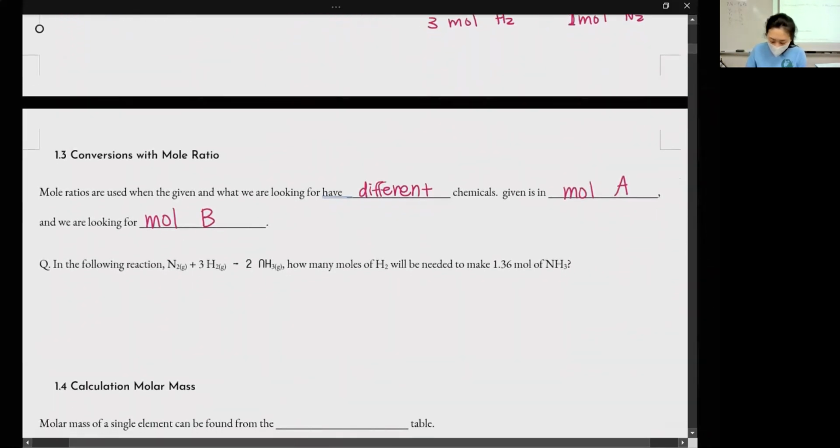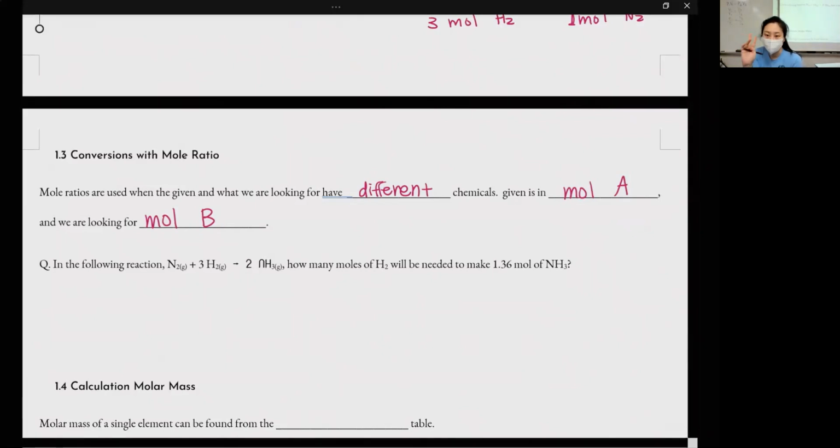Okay, so in the following reaction, N2 plus 3H2 equals 2 NH3. How many moles of H2 will be needed to make 1.36 mole of NH3? So how you use the mole ratio is you will set up a conversion factor, which is called the mole ratio, and then use it with the given. Whenever you see this question, what you want to do is write a mole ratio between H2 and NH3.